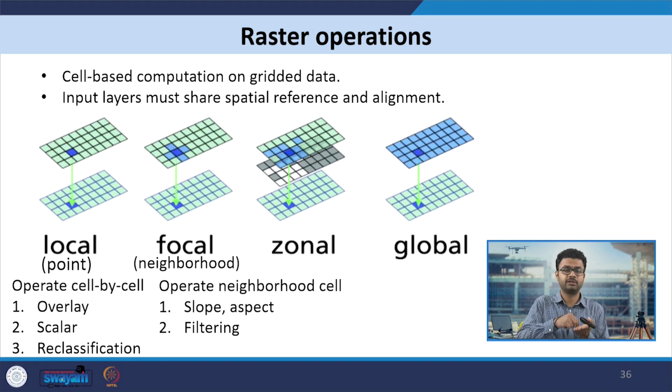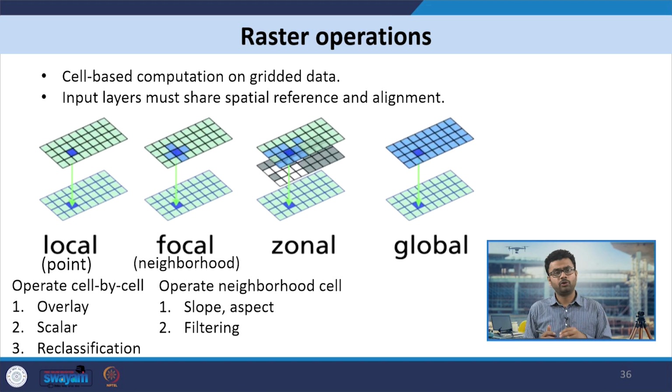that particular pixel, or it can be focal, where operation on a pixel also takes into account the neighborhood of that pixel. It can be zonal, where operation on a pixel takes into account all pixels falling under a certain zone, and it can be global, where operation on a pixel takes into account all the pixels in the given scene.